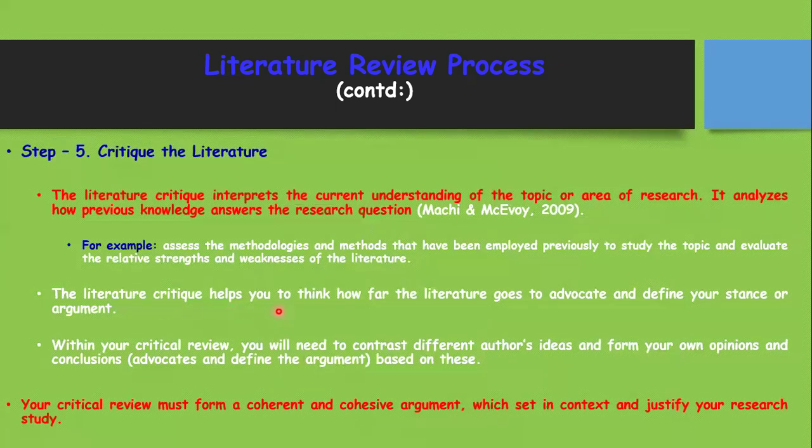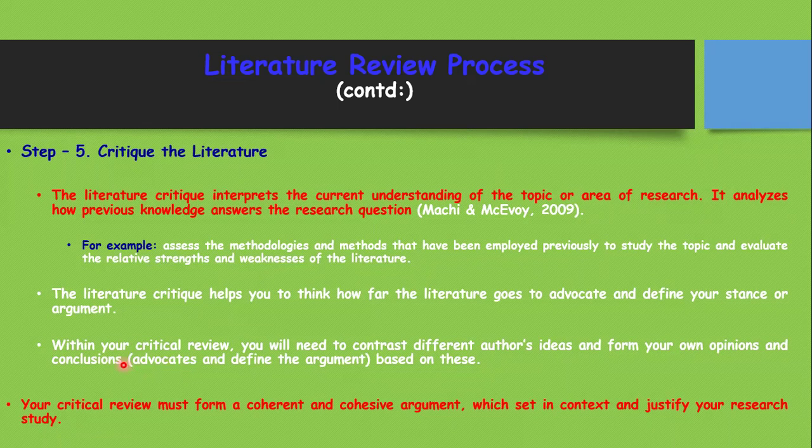The literature critic helps you to think how far the literature goes to advocate and define your stance or argument. Within your critical review, you will need to contrast different authors' ideas and form your own opinion and conclusion. So you need to understand the point of view or the argument of different authors in order to form your own opinion or conclusion, in order to justify the research gap.